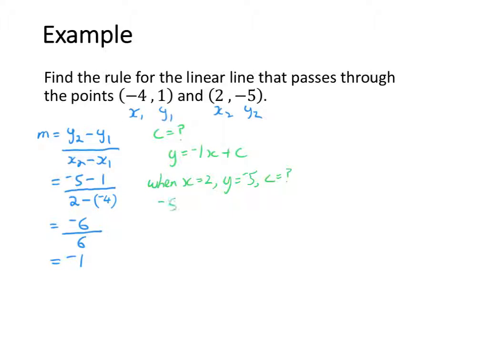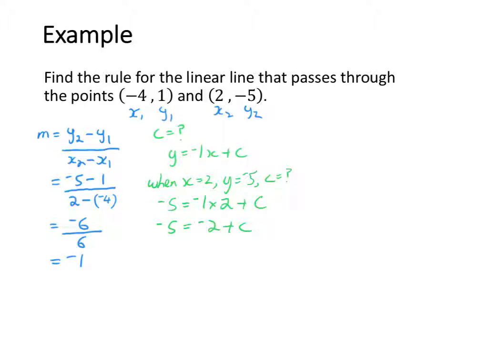So -5 is equal to -1 times 2 plus c. So go ahead and simplify that. So -5 is going to equal -2 plus c. And to work out what my y-intercept is, I want to get c by itself. At the moment, I am adding -2 to c.